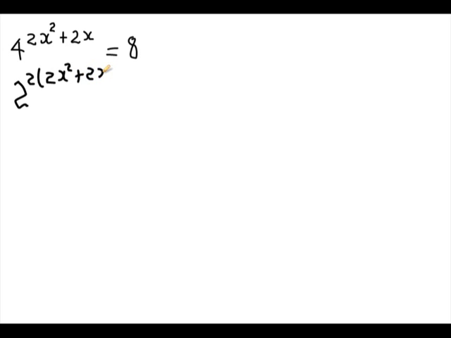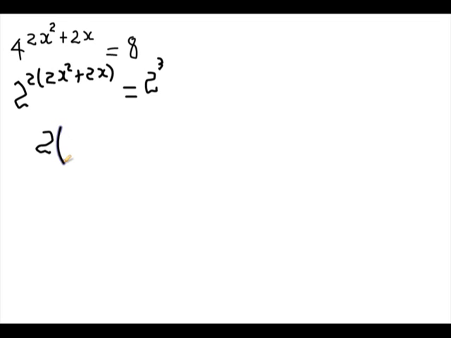I'll make the transformation on the left. The same, I'm gonna make a transformation on the right also in order to have the same base. This is like 2 to the power of 3, right? Now I have the same base, so the powers should be equal.